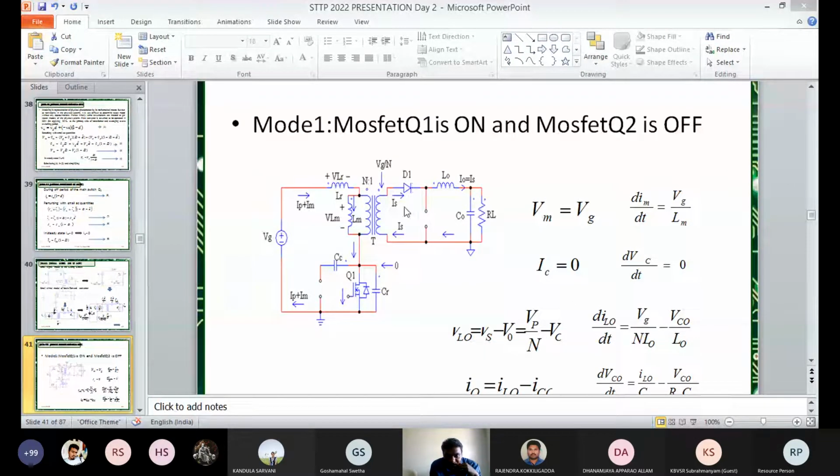The current through the capacitor C0 equals the inductor current IL0 minus I0, that is IL0 minus V0 by R0. Therefore C times dV0 by dt equals IL0 minus V0 by R0. These are the state equations corresponding to the on state of the main MOSFET.